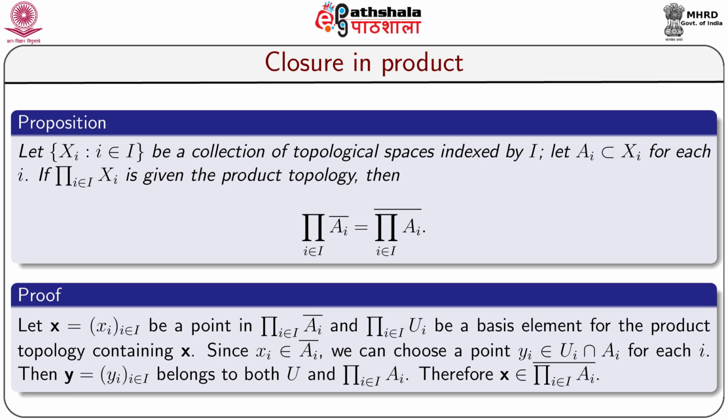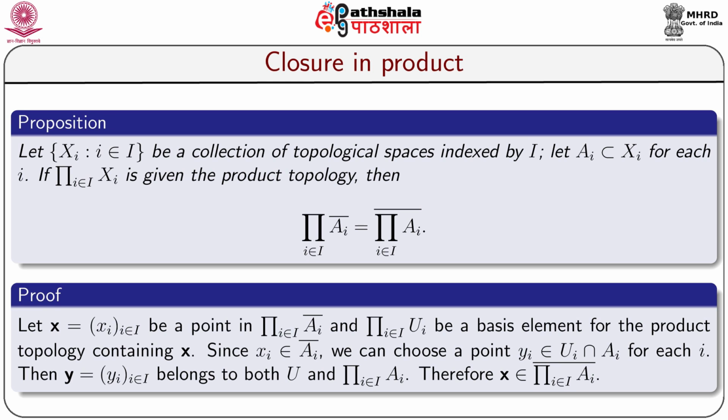For the proof, let us consider x = (x_α) such that x_α belongs to the closure of A_α for each α, and let the product of U_α be a basic open set for the product topology which contains x. That means we have taken a basic open set of the product. Here by bold x we mean that it is an element of the product.